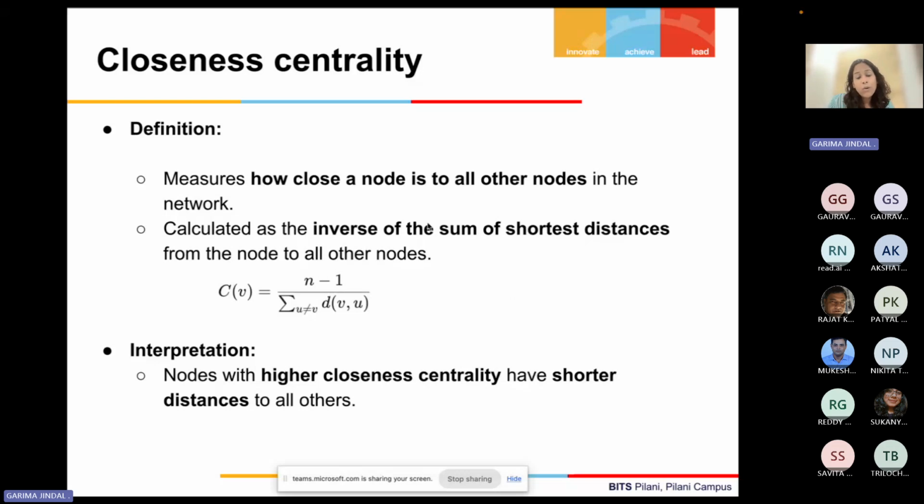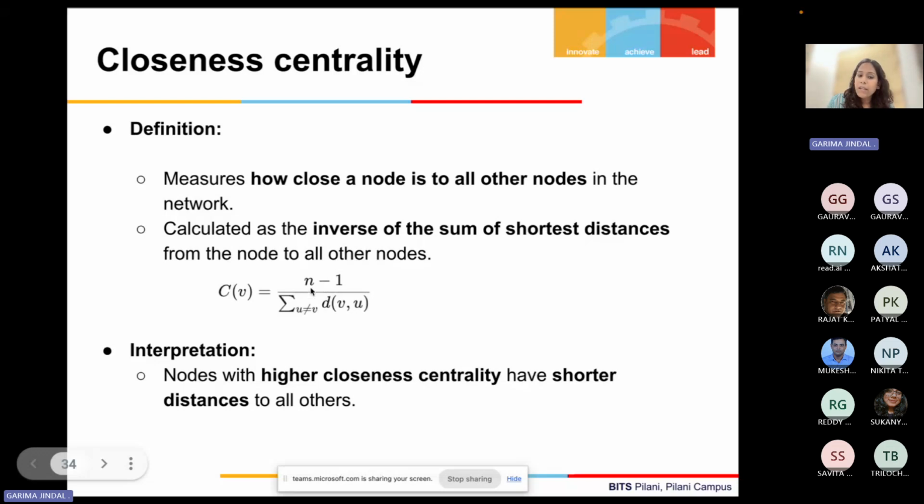Okay, so now how do you calculate closeness centrality? For example, you want to calculate the closeness centrality of a node V. What you will do is calculate the shortest distance from V to all the other nodes.